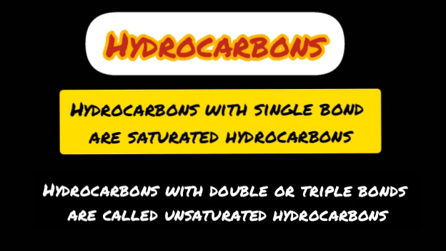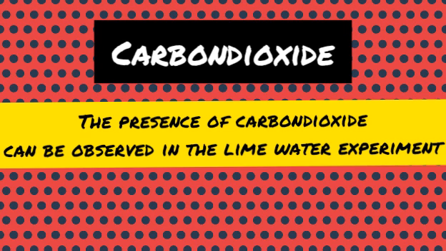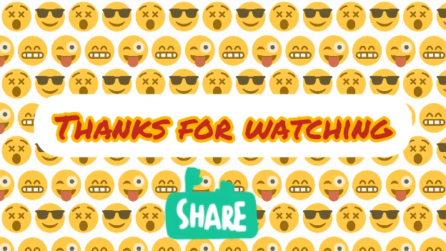Next is hydrocarbons. Hydrocarbons with single bond are saturated hydrocarbons, whereas hydrocarbons with double or triple bonds are called unsaturated hydrocarbons. We had also learnt about carbon dioxide, and the presence of carbon dioxide can be observed in the lime water experiment. That's it for today's video.